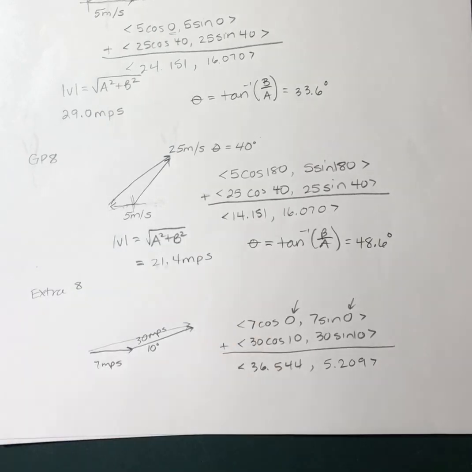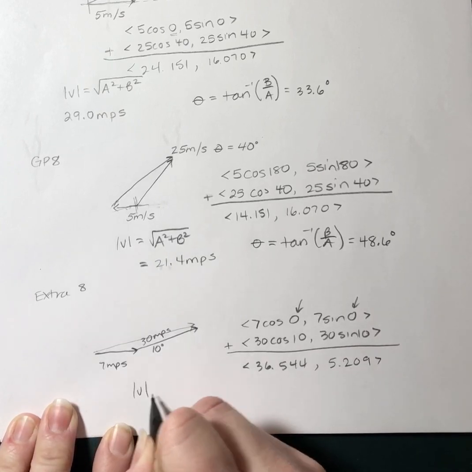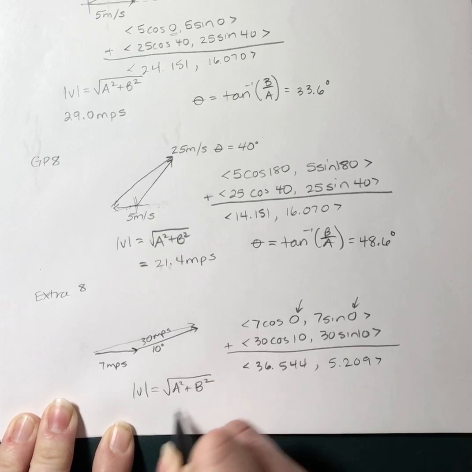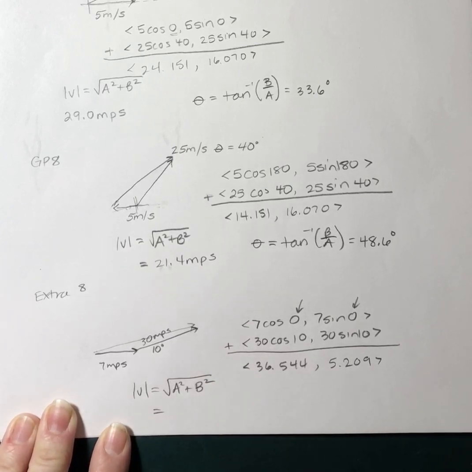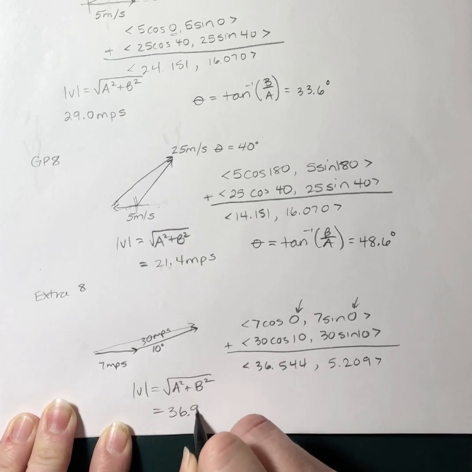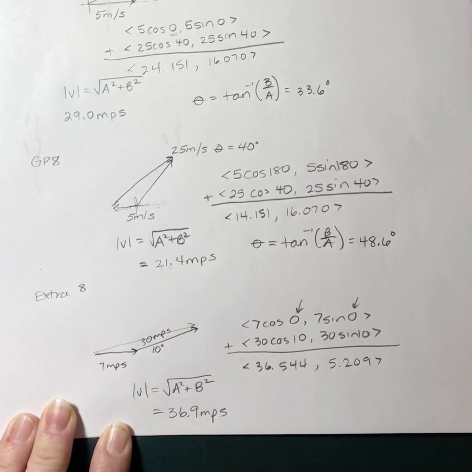So then to find my resultant velocity, again, I take the square root of A squared plus B squared, and I get 36.9 meters per second for my units.